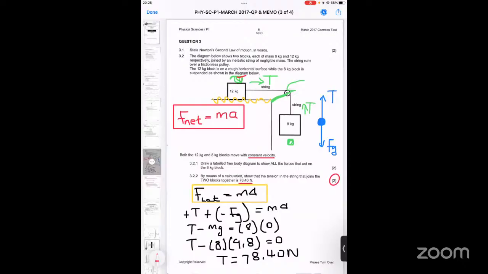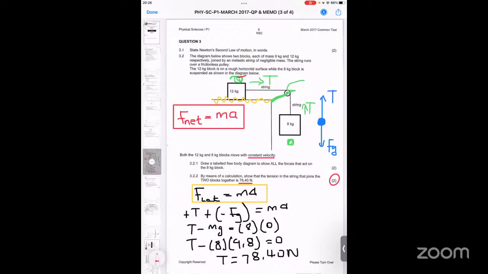Wait, I want to understand something. What are you saying? Are you asking or are you saying we wouldn't use the 12 kg because we don't have enough information? No, sir. My question is, wouldn't we not be able to use the 12 kg as it wouldn't take us to the same tension that was given to us in a way?